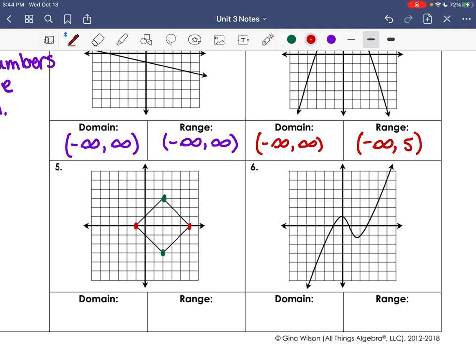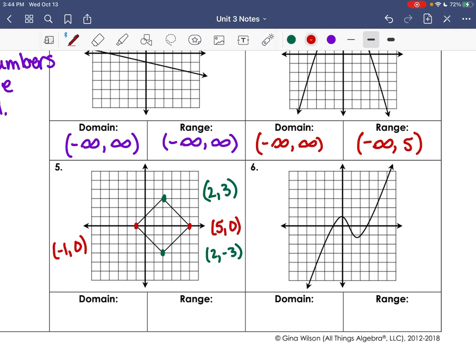This left point is (-1, 0). And the right point is 1, 2, 3, 4, 5, so (5, 0). That bottom point is (2, -3). And the top point is (2, 3). So we have all of these different points to help us identify the domain and the range.